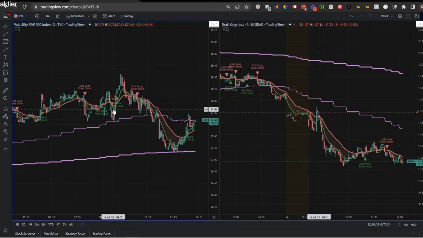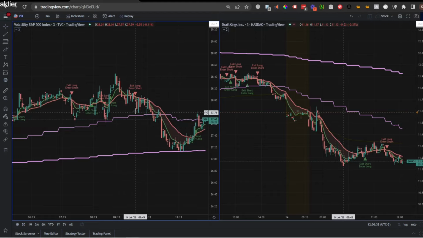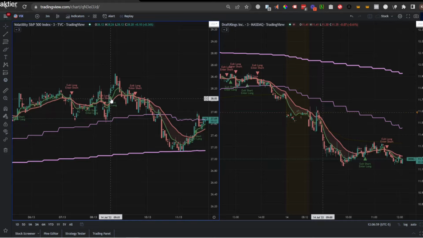So let's have a look at this. You have to understand that I use it like this: when I get this indicator turning down on the VIX, that means there's a good chance that the market will go up, and vice versa. If you get a green, then the market will go down.